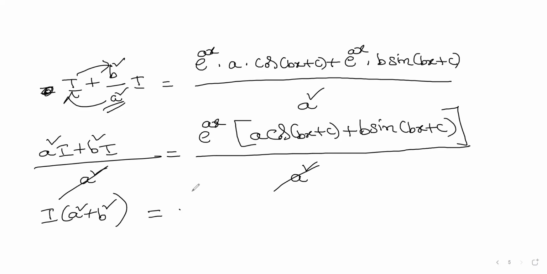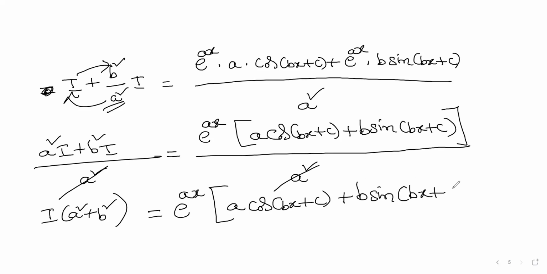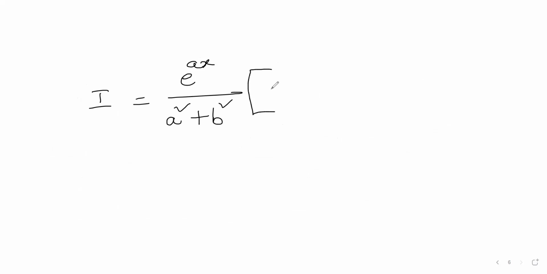That is equal to e to the power of ax multiplied by a cos bx plus c plus b sine bx plus c. This is what you have, right? And now you have to find what is I. So I is equal to the standard integral: e power ax divided by a square plus b square multiplied by a cos bx plus c plus b sine bx plus c.